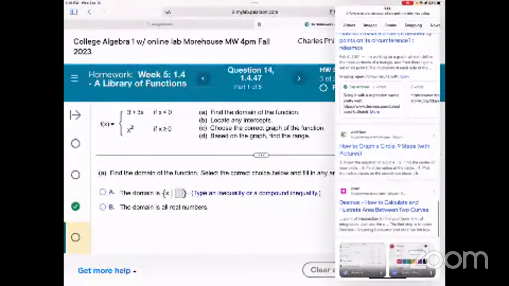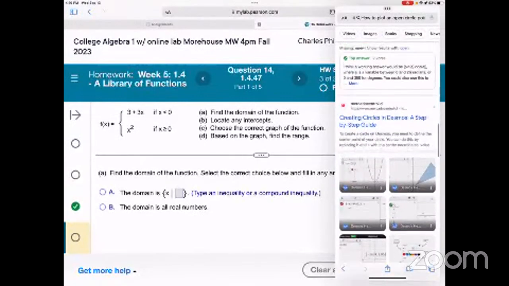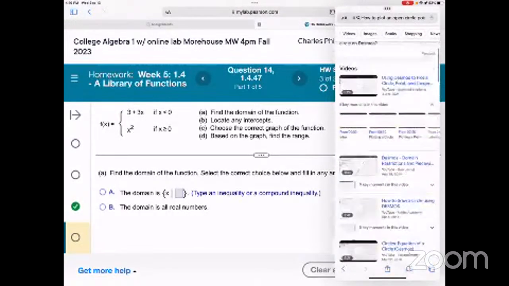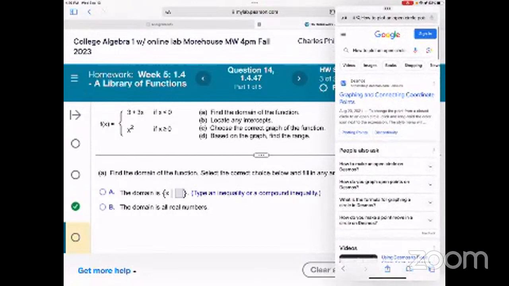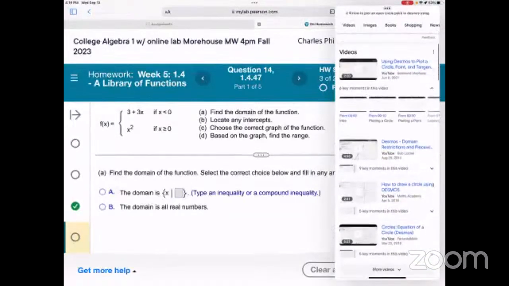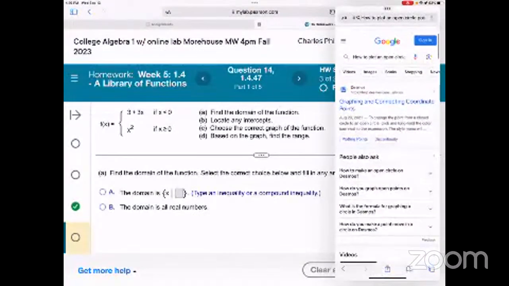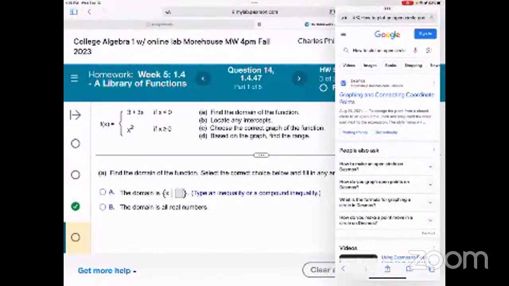I should have opened what I had before because now I can't find it. How do you make a point move? How to plot an open circle. Maybe it was the first thing: click and long hold the color, the style menu. Let's open this up.